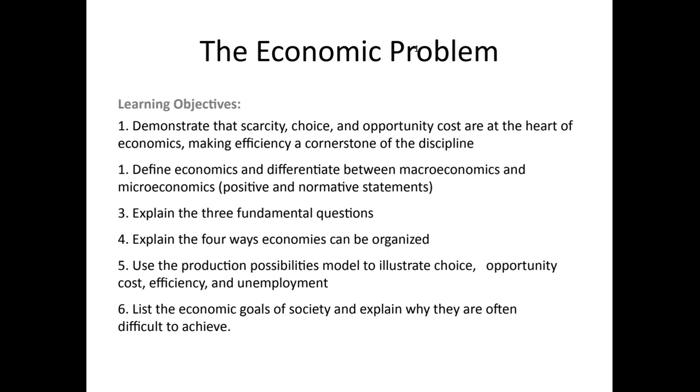Finally, I will list the economic goals of society and explain why they are often difficult to achieve. So at the last, we will discuss several economic goals of an economy. So let me discuss these objectives one by one.